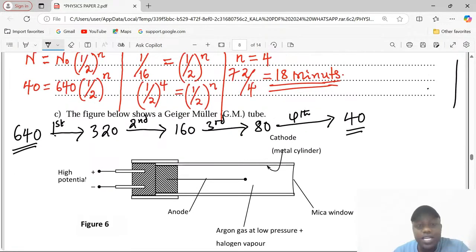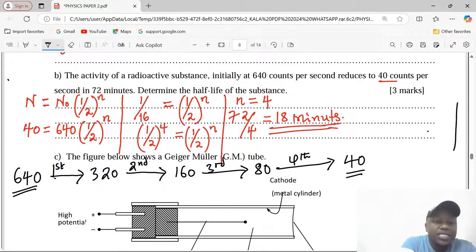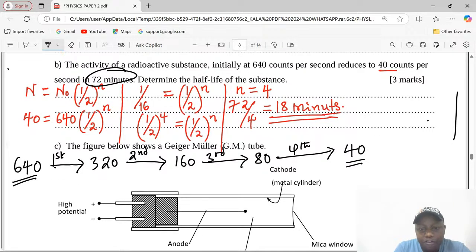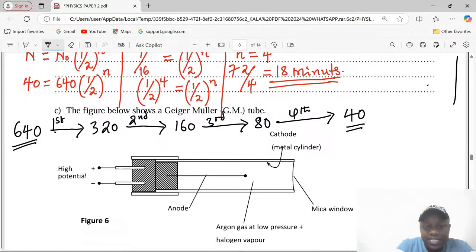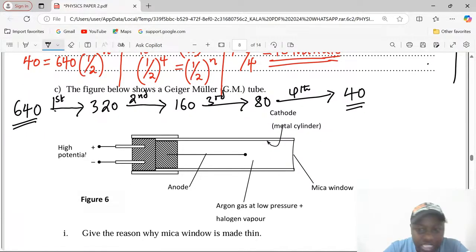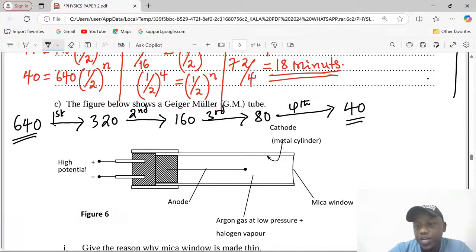So in 72 minutes there are 4 half-lives. We need to take 72 divided by 4, and we still get our 18 minutes.